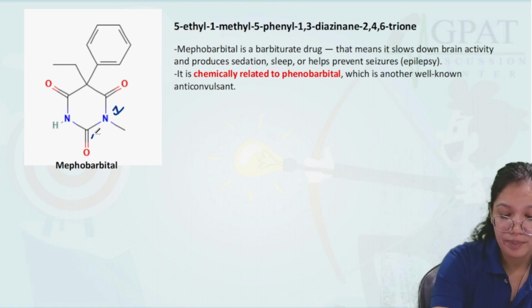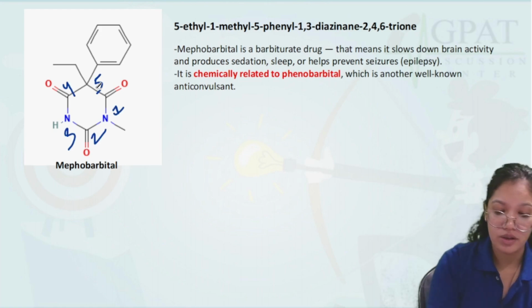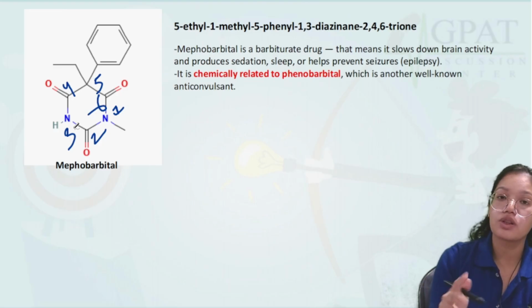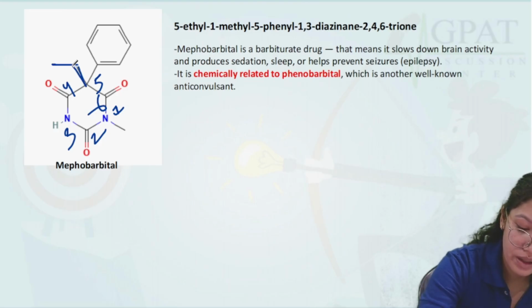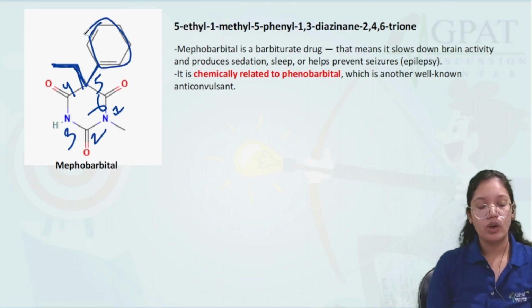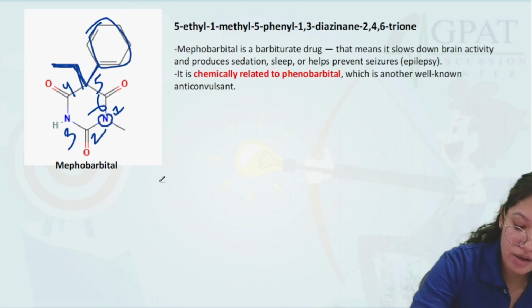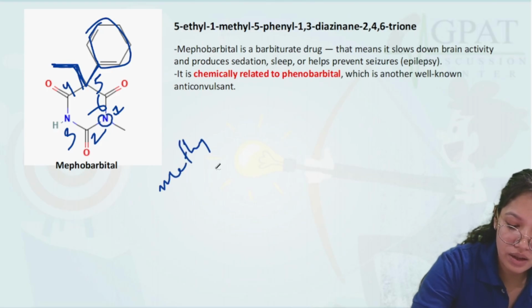So 1, 2, 3, 4 and 5, and this is the 6th position. Basically at 5th position we have two substitutions, ethyl and the phenyl. Then at 1st position we have a methyl group.